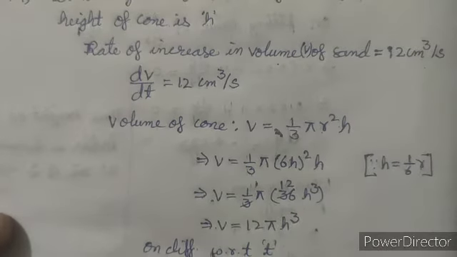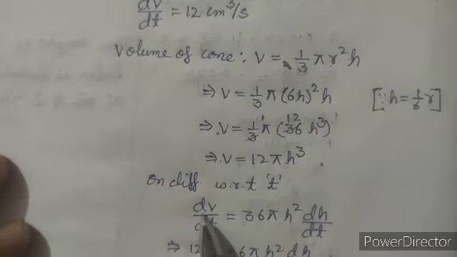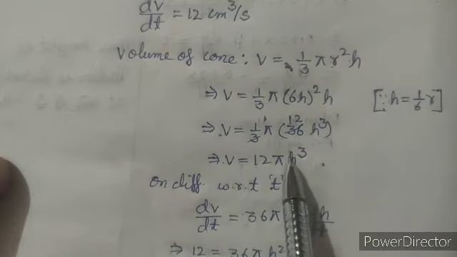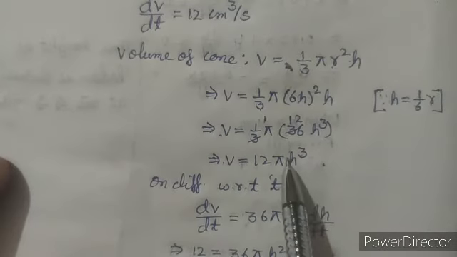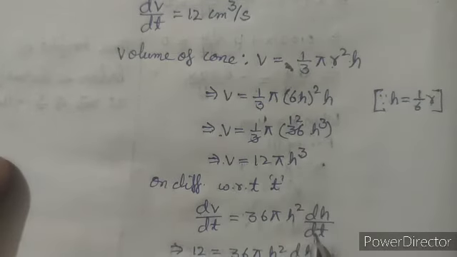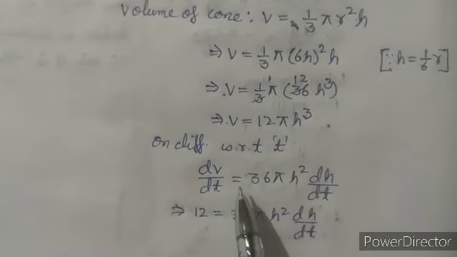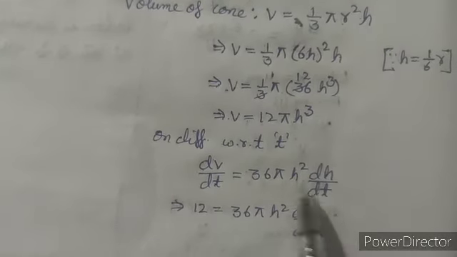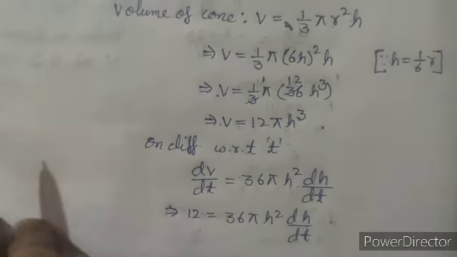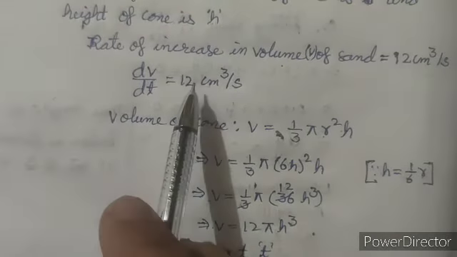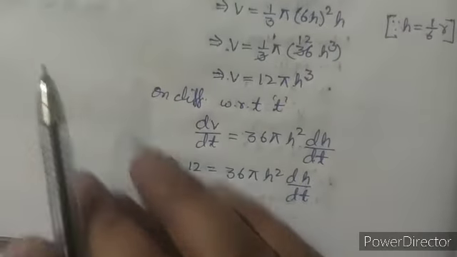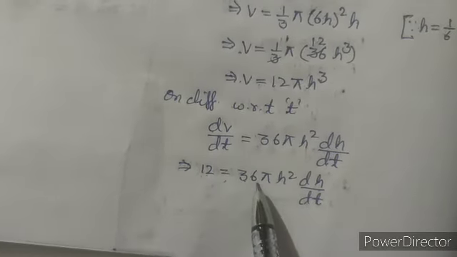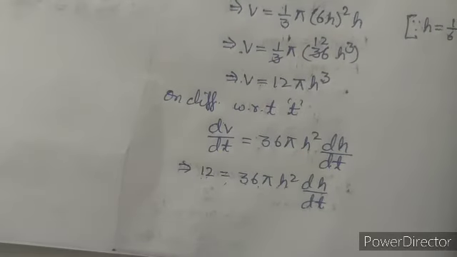Now on differentiating both sides with respect to t, dV by dt will be equal to 12 pi into d by dt of h cube, and that will be 3h square dh by dt, and that will give us 36 pi h square dh by dt. Now here dV by dt, rate of change of volume, is given to us as 12. On putting the value of dV by dt as 12, we will get 12 equal to 36 pi h square dh by dt.